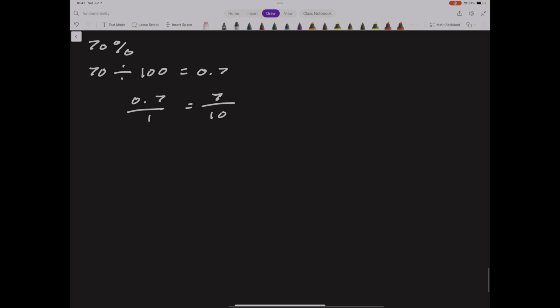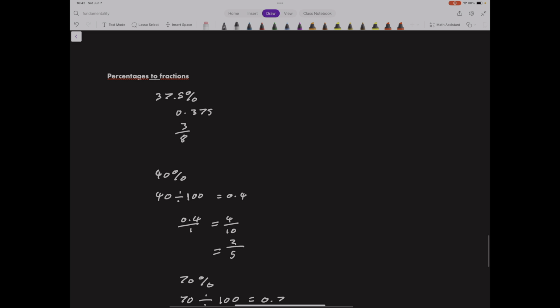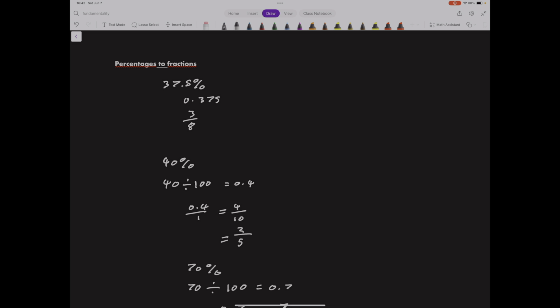Can you simplify that? No, because 7's prime. It hasn't got any of the factors. So that's that done. It's just putting again the two we've done before, going from percentage to decimals, decimals to fractions. But it's just remembering that you've got to get the decimals first, because that makes it easier.